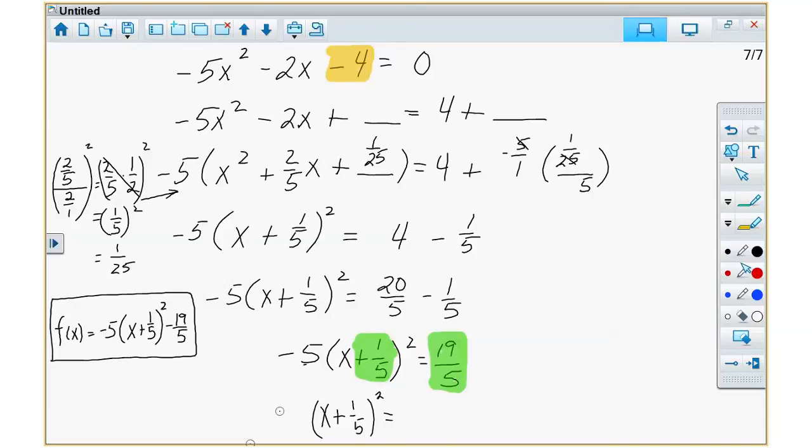Divide by -5 on both sides, what does that give you? A negative, so you're gonna have negative 19 fifths. I'm gonna divide by 5, which means I multiply by 1/5. It's gonna be negative, so x plus 1/5 quantity squared is equal to negative 19 over 25, which is -1 times 19 over 25.